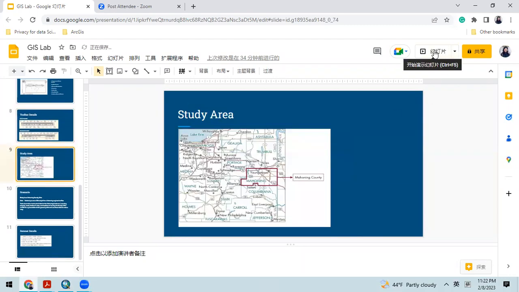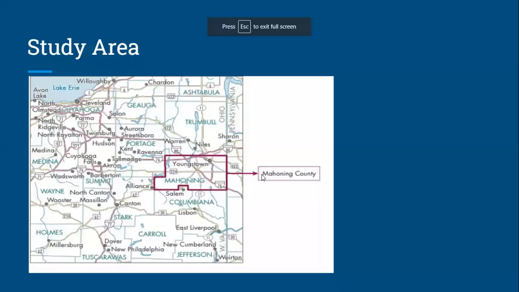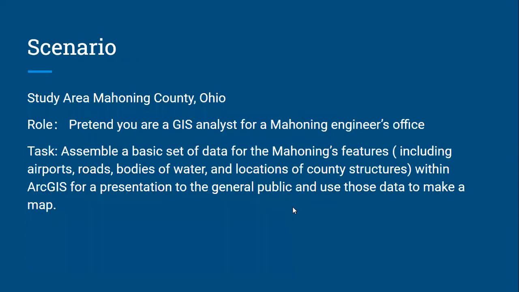For today's lab, our study area is going to be focused on a dataset. It shows a lot of features, like airport locations, about Mohawk County, Ohio. This is our study area.